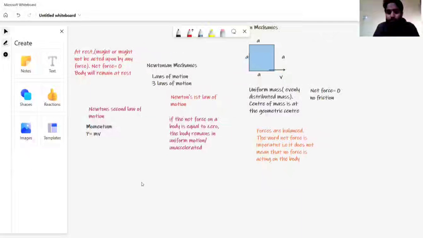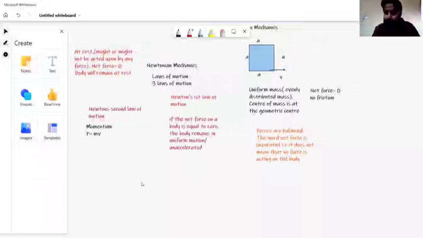There is no meaning of momentum of a massless object, because m is 0, so P will be equal to 0. And second, if the body is at rest, that means v is equal to 0, and there is no point of talking about momentum. Are these two things clear? So we will talk about momentum only when two things are involved: a body is moving and a body has mass.